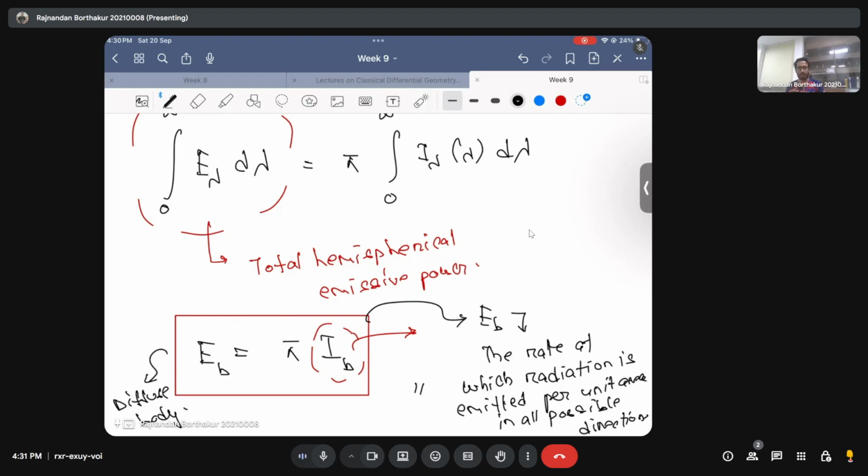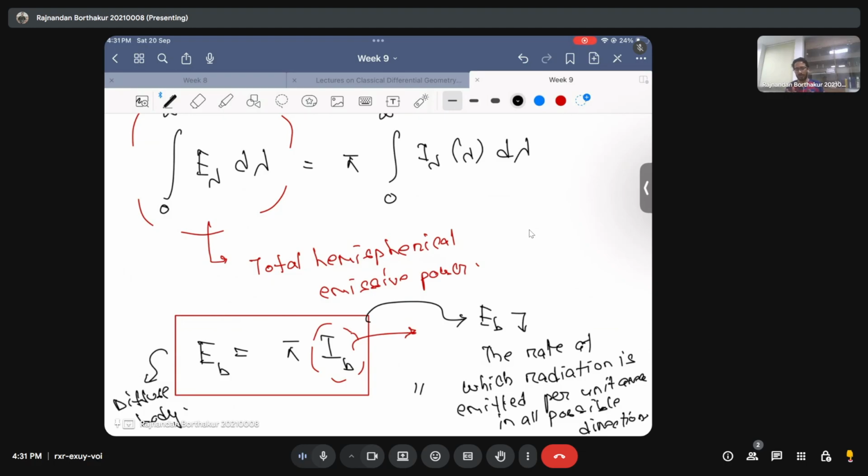But then at least we have tried to understand physically how we define a hemispherical emissive power, and why we choose a hemisphere. Then we looked into something known as a diffuse body, and tried to understand that the intensity of radiation is a function of which direction we are looking at and what wavelength we are trying to associate it with.